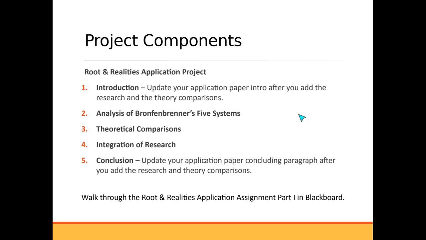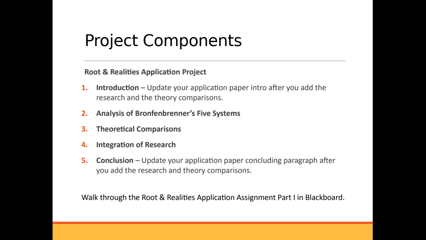It has the introduction. So you will use the introduction you wrote for your original application paper, but after you add your research to this paper and you add your theory comparisons, you need to update your introductory paragraph to encapsulate the additions that you made to the purpose of the paper.